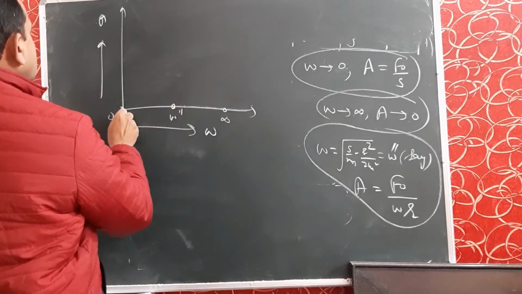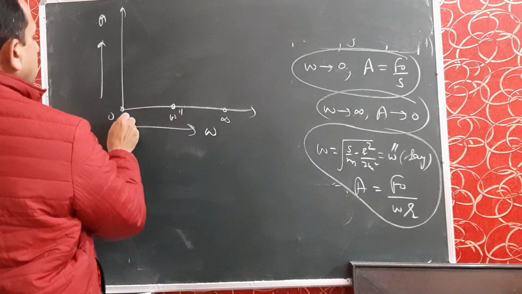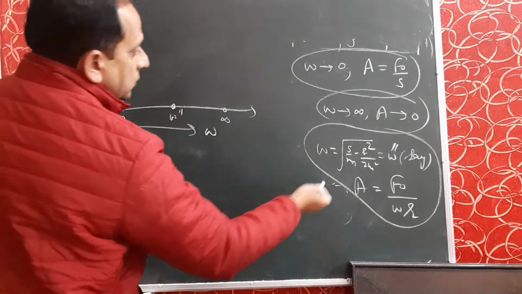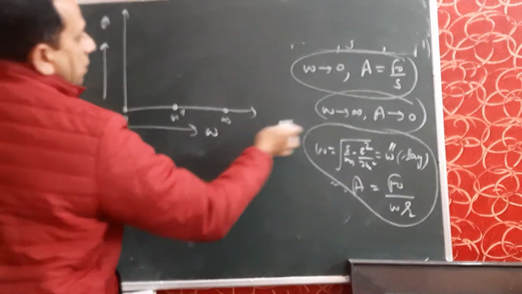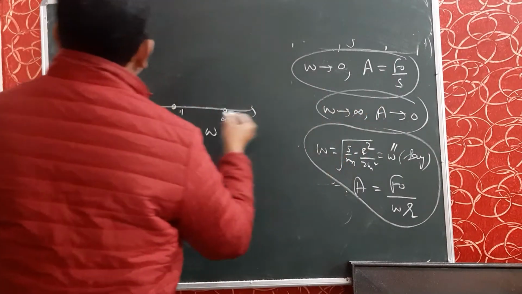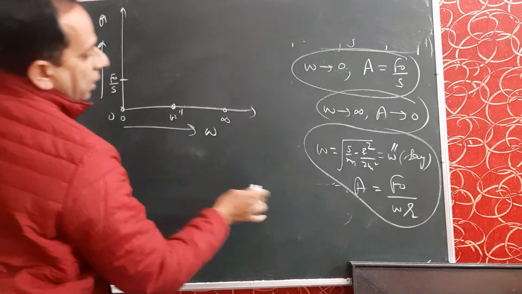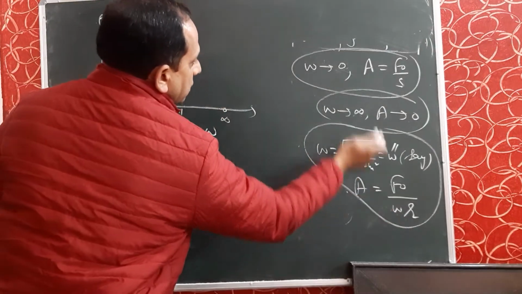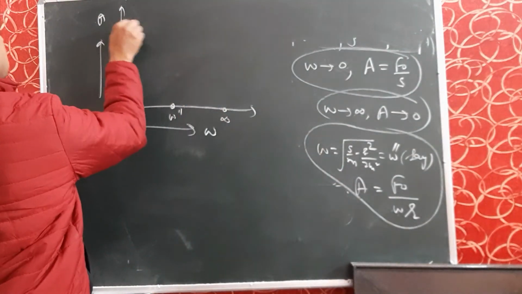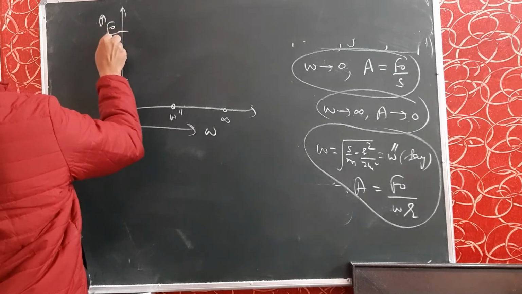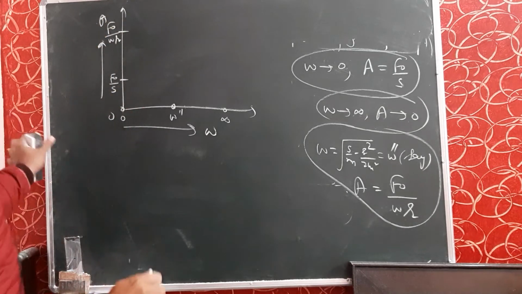And the three values of A are F naught by S, F naught by omega R, and 0. F naught by omega R is greater than this one.